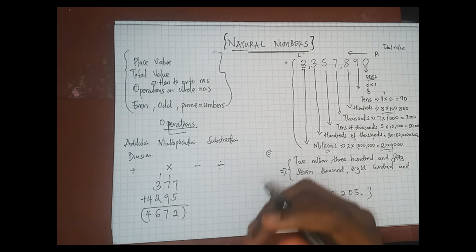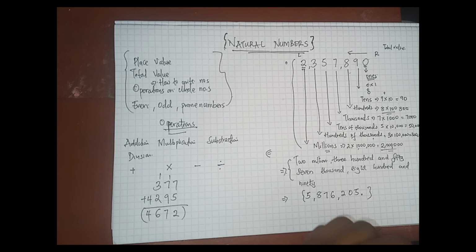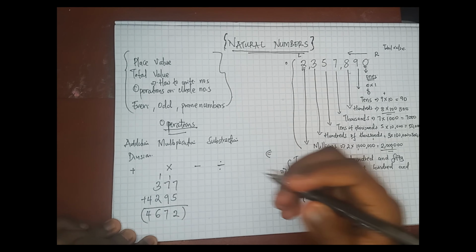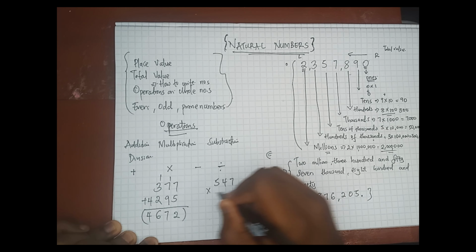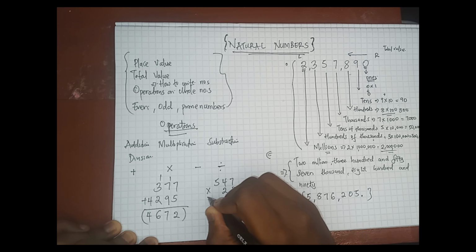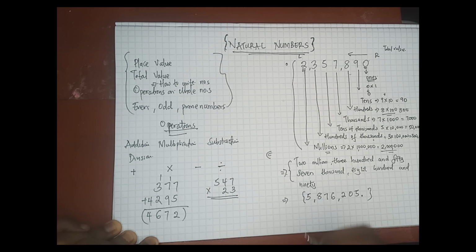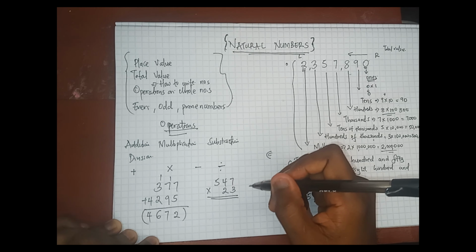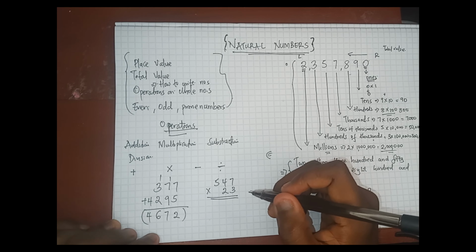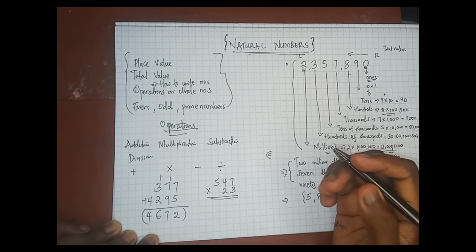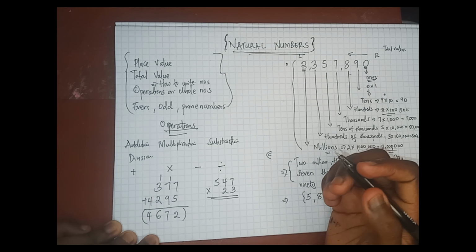bigger things. So for multiplication kuna, let's say 547 times 23. So for you to do sums kama hizi lazima ujue multiplication table at least often.